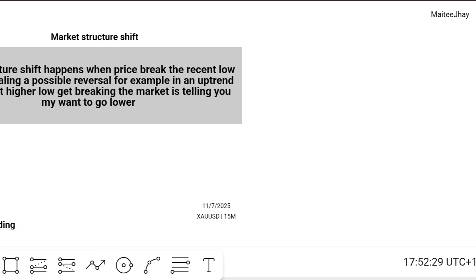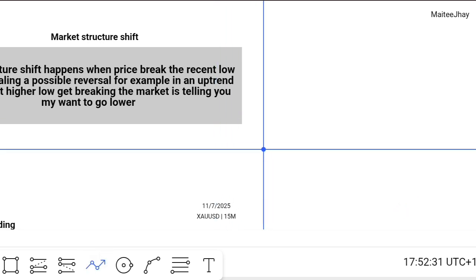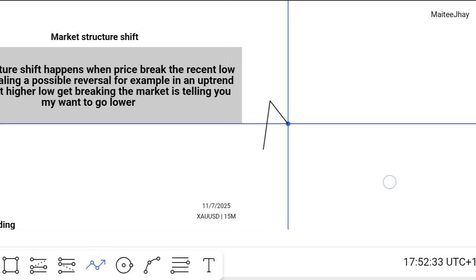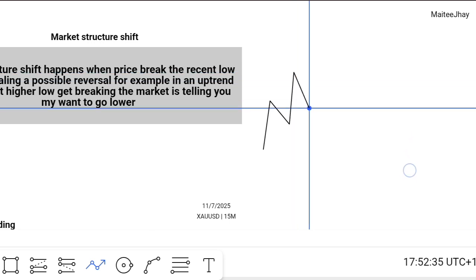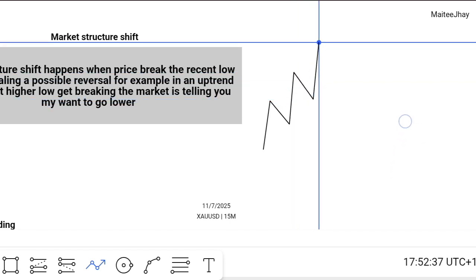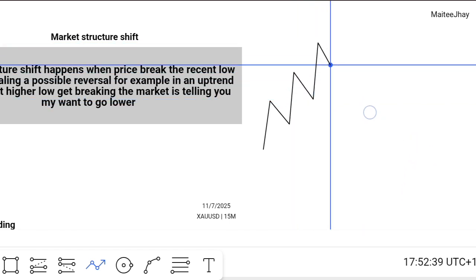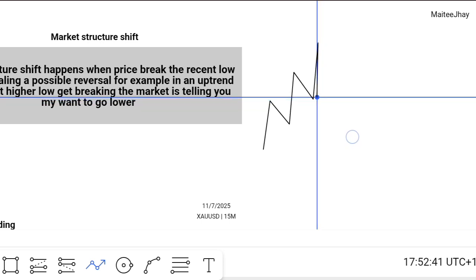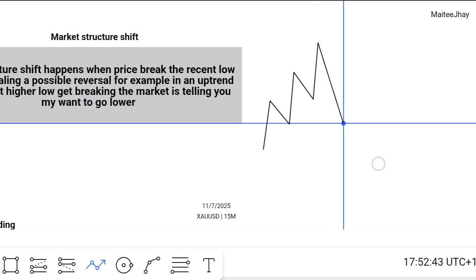So this is the example of it when the market is in an uptrend like this, making a series of higher highs, higher lows, higher highs, higher lows, higher highs. Then this recent higher low gets broken like this.